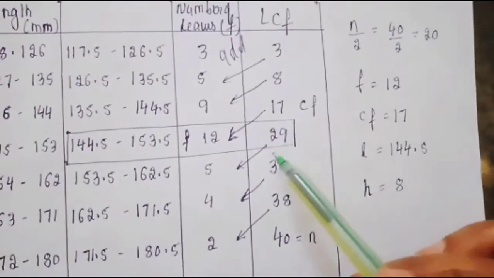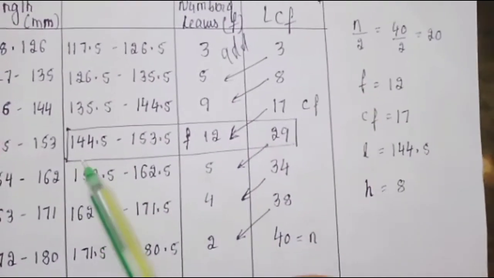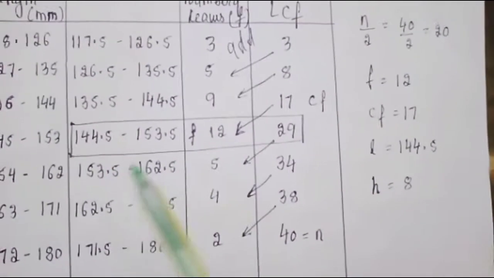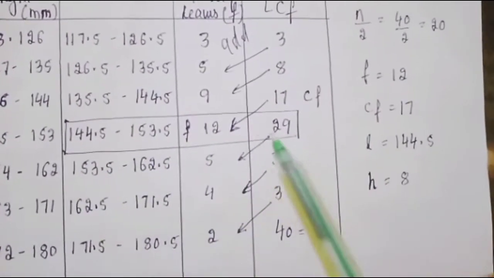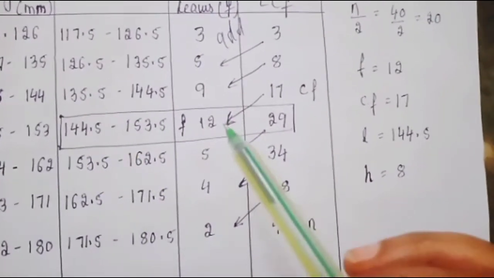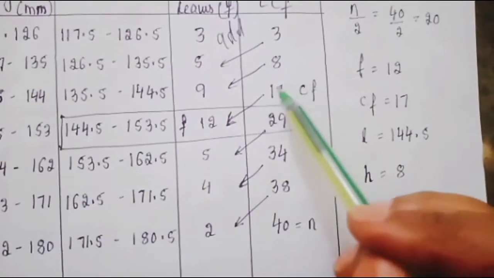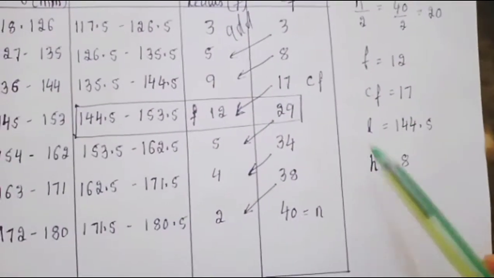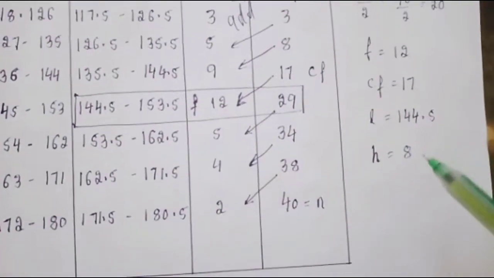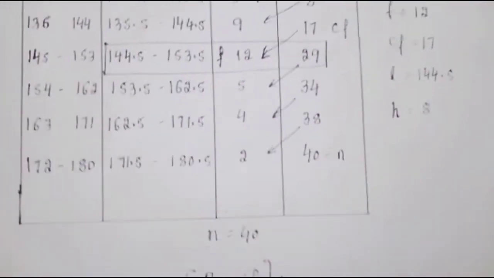So 20 falls in the fourth class interval. So 144.5 to 153.5 becomes the median class. So L is 144.5, F is 12 and CF is 17. For class size, subtract any two continuous limits, and we get the class size, that is 8.